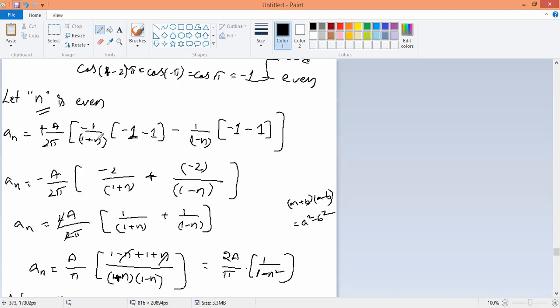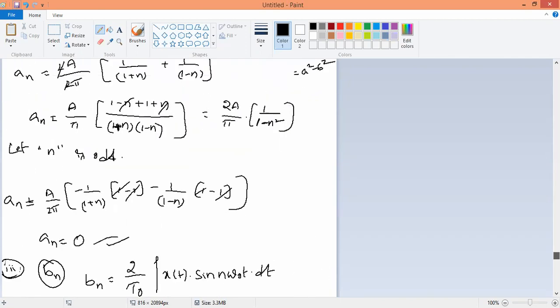Here both sides having minus, I'm taking common. An equals minus a by 2 pi into minus 2 by (1 plus n) plus minus 2 by (1 minus n). Now next I am taking minus 2 as common. Minus into minus will come plus, plus 2a by 2 pi into 1 by (1 plus n) plus 1 by (1 minus n). Here denominator and numerator having 2, both 2 will cancel. A by pi will come.